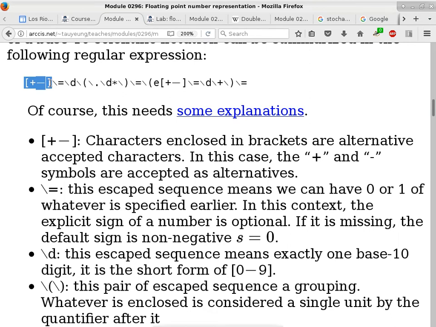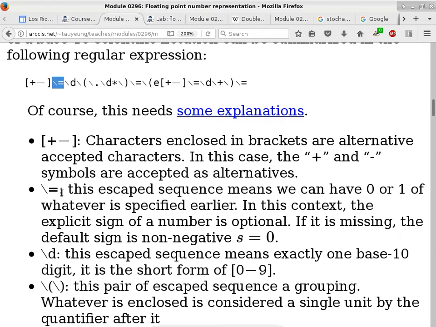But this character is followed by a backslash equal to. A backslash equal to is basically a quantifier of sorts. It's saying whatever is right before it can occur 0 or 1 time. The most common word to describe it is optional.